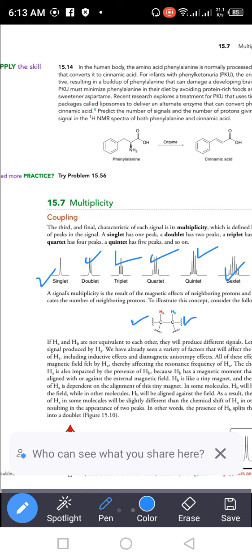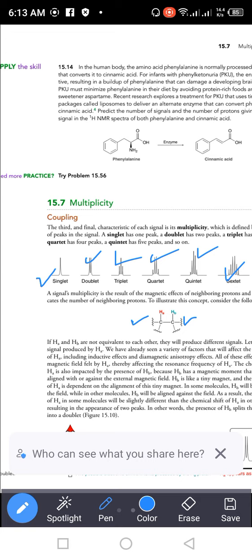If both protons are in different environments, meaning they are chemically different, then these two protons affect each other. As we know, each proton in an external magnetic field behaves like a tiny magnet.